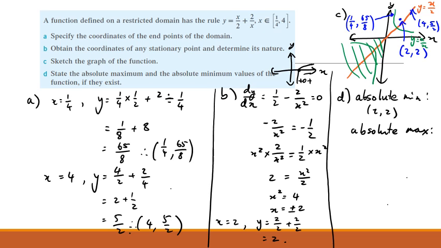Whoops, I drew that a little bit funny. That should be down here. And that should be up there. There we go, that makes more sense. So the absolute maximum will be at a quarter, 65 over 8.